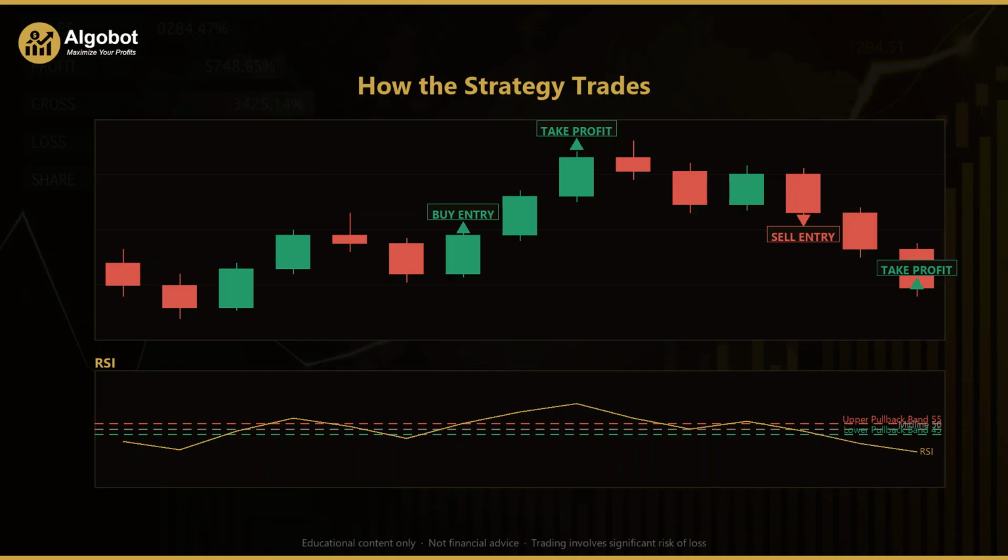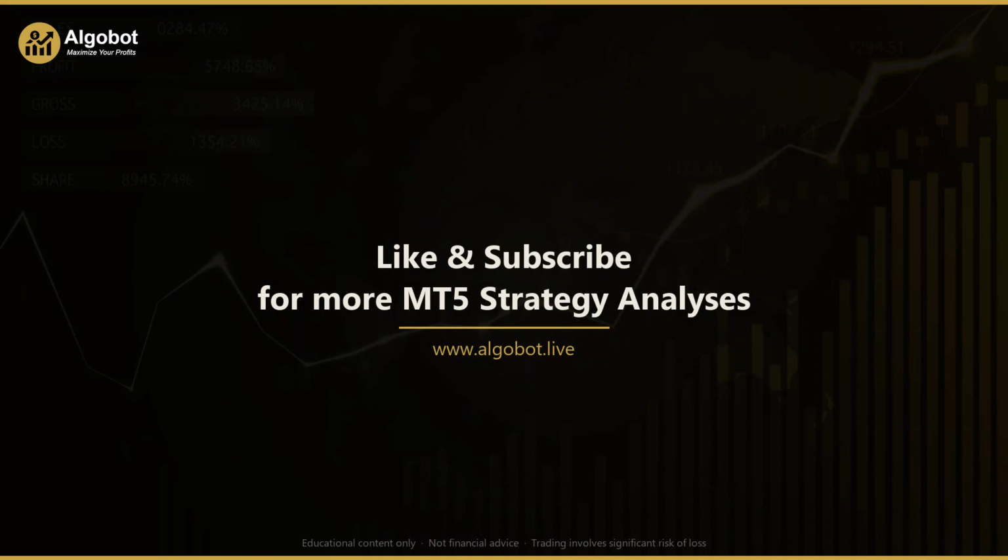Of course, not every signal reaches its target in real markets. Pullbacks can deepen into reversals, and losses occur. This walkthrough is an illustration for educational purposes only. So that's RSI Trend Pullback from top to bottom. We covered how it reads the trend from swing highs and swing lows with no moving averages, how it uses RSI pullback bands to time entries as momentum resumes, how a confirming candle adds a final filter, and how ATR frames both the stop loss and the wider take profit.